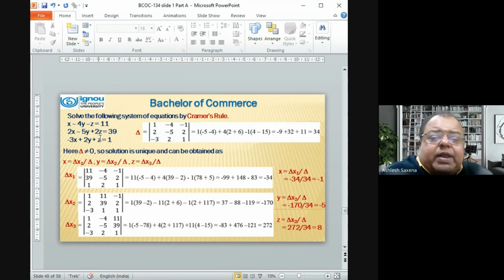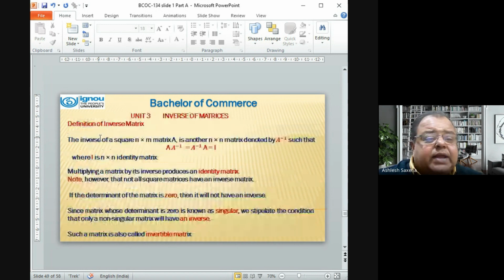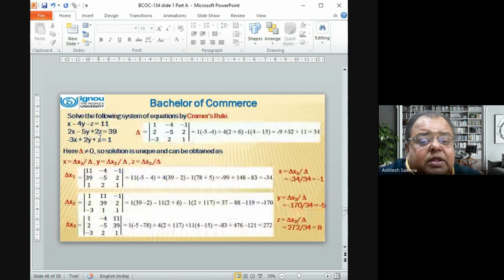Any questions from anyone? Because I won't be moving further because this is unit 3, inverse of matrix, which is a new topic. So I will be starting it in the next class. Do you have any question?